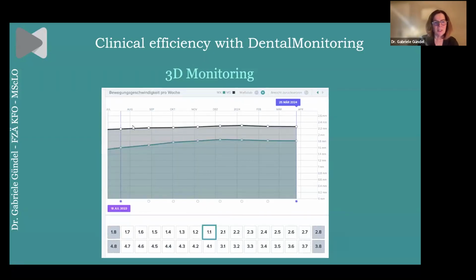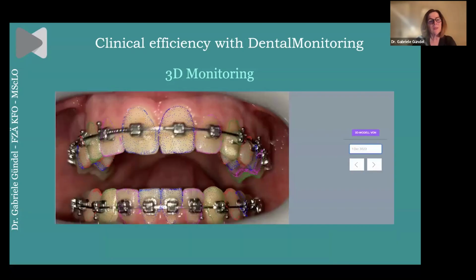With the 3D matching, you can follow every single tooth movement from every single tooth in every direction. I don't need this for my aligner therapies or for my bracket therapies, but it's very, very helpful to have this for my retention protocols, because you cannot scan the occlusal face of your teeth very easily.